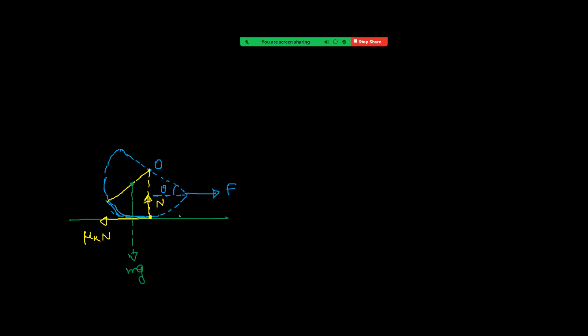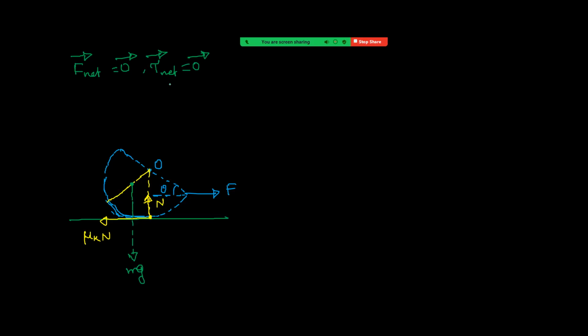First condition given is that it is having constant velocity. That means net force is zero. Net torque also zero. It has only translation, no rotation. Since net force zero, net torque will be the same about any point.